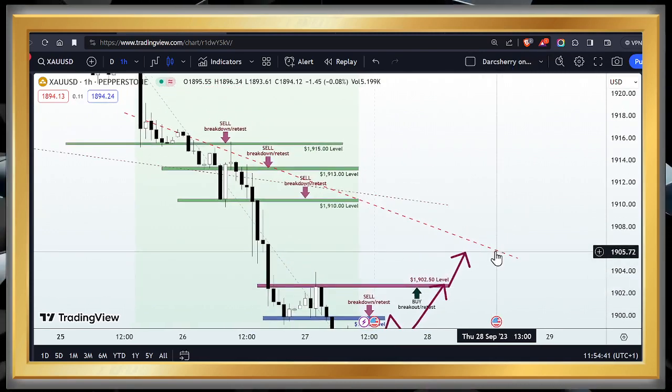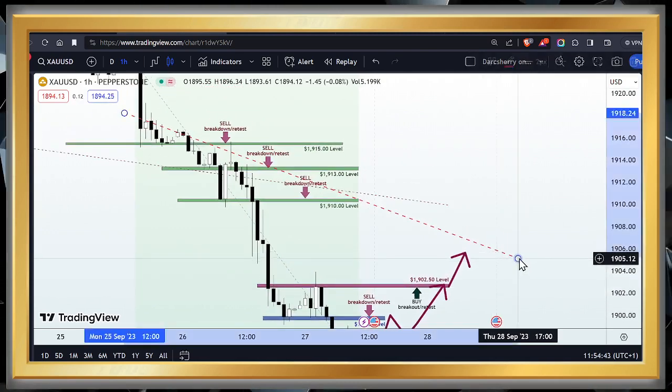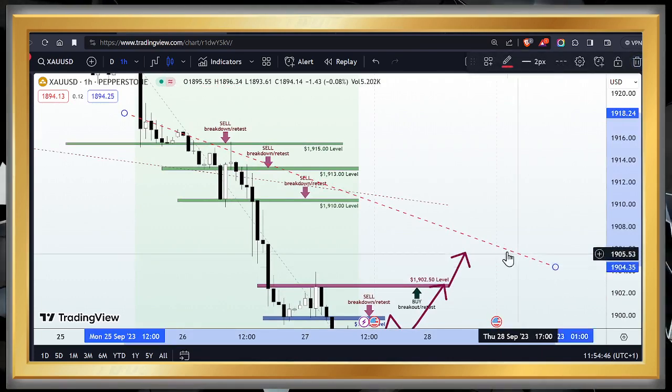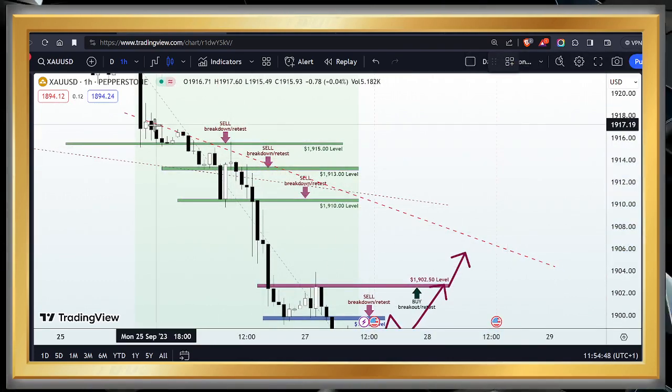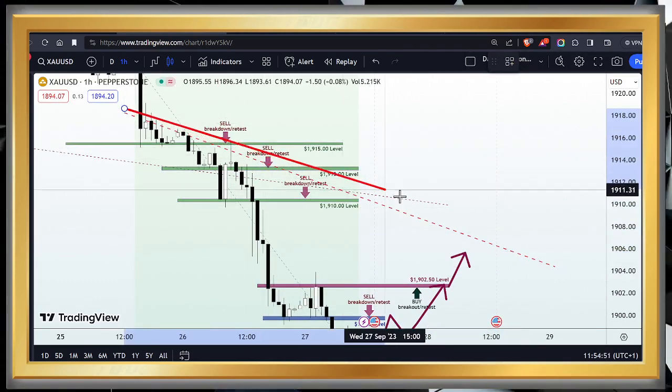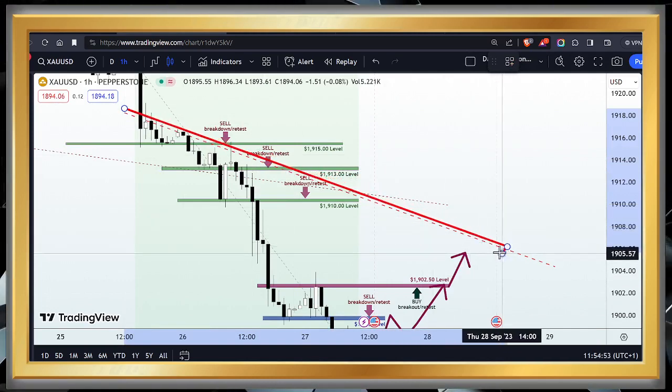Now, if we are going to be buying the breakout retest of the $1,902.50 level and price continues to climb up, remember that we have a descending trend line here, which has been a major parameter supporting this bearish momentum.